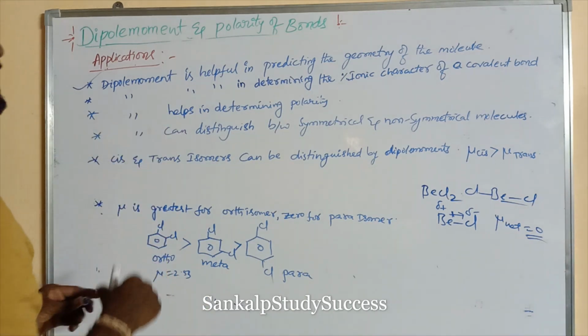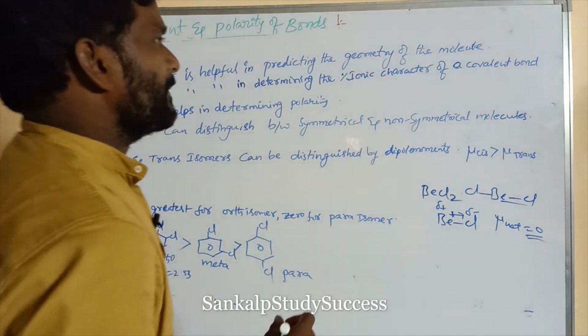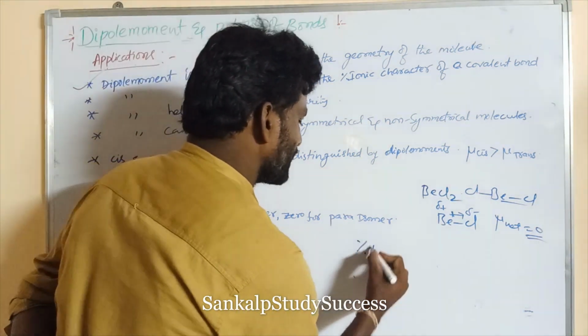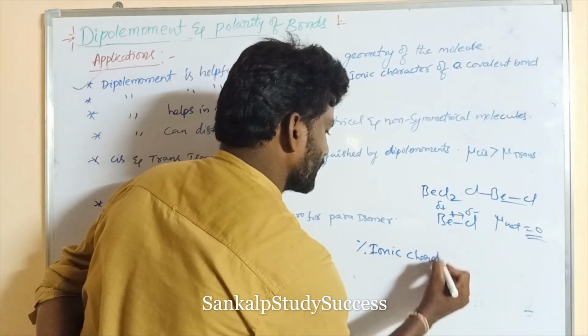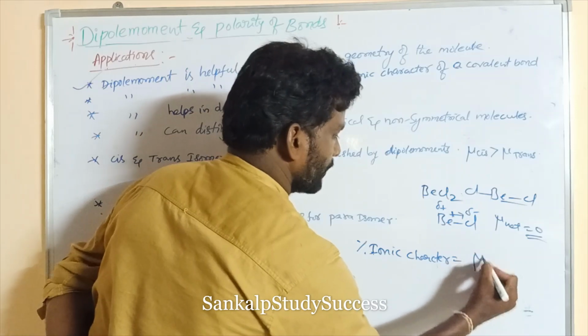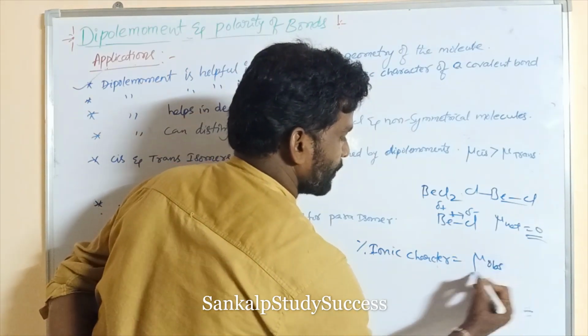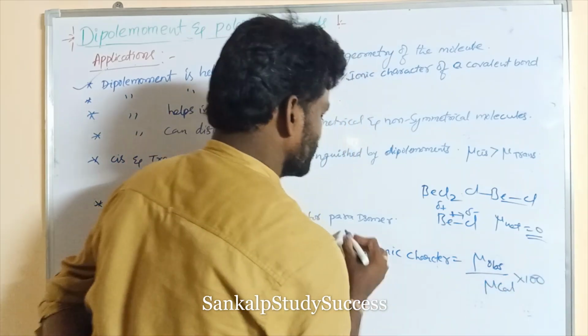Second point: dipole moment is helpful in determining the percentage of ionic character of a covalent bond. Percentage of ionic character is equal to mu observed divided by mu calculated, into 100. This is the formula.